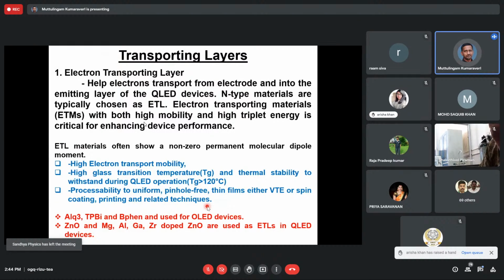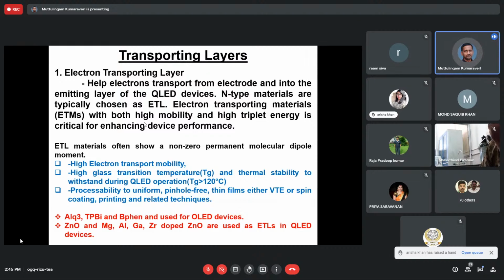Then the important thing is processability, making pinhole-free thin films by evaporation or spin coating and printing techniques. I am going to talk about this in the next one-hour lecture. We normally use this mainly for OLED devices: Alq3 and TPBi are often used as the electron transporting layer in OLED devices.